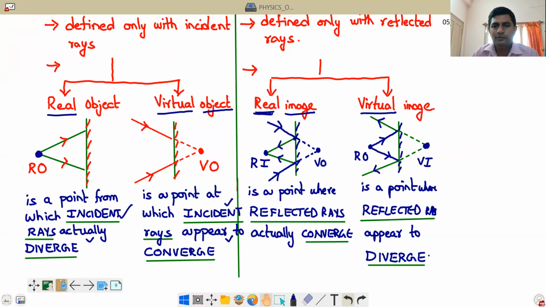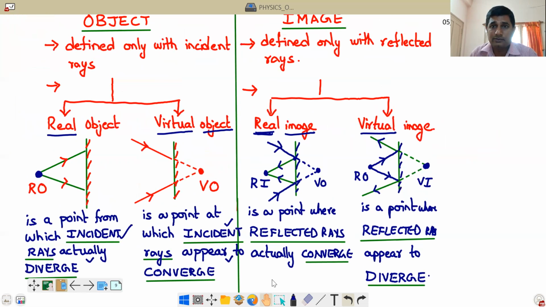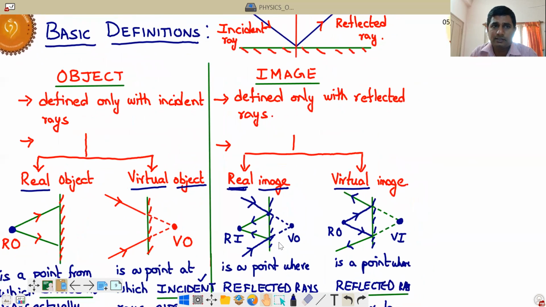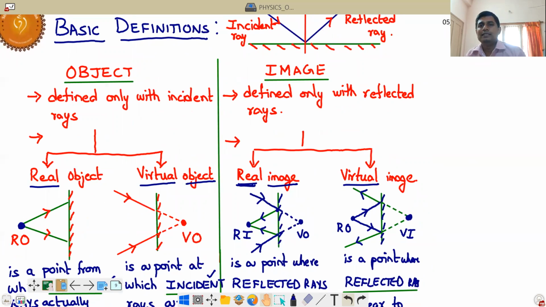Okay, so before going to the actual topics, we need to learn certain basic fundamentals or basic definitions. Those are called object and image. What is meant by object and what is meant by image? Even though you may be familiar with these terms, you should know clearly the distinction between them. Specifically, what is a real object, what is a virtual object, what is a real image, and what is a virtual image.